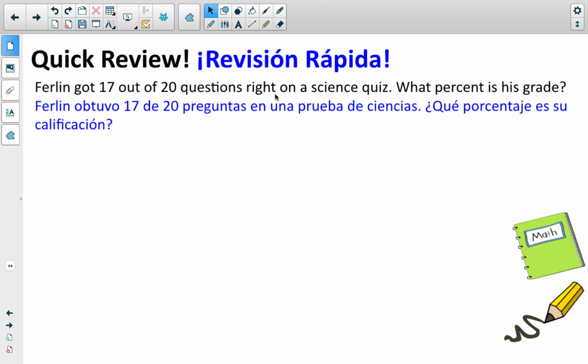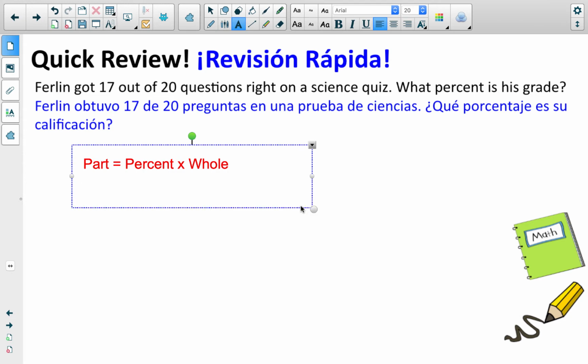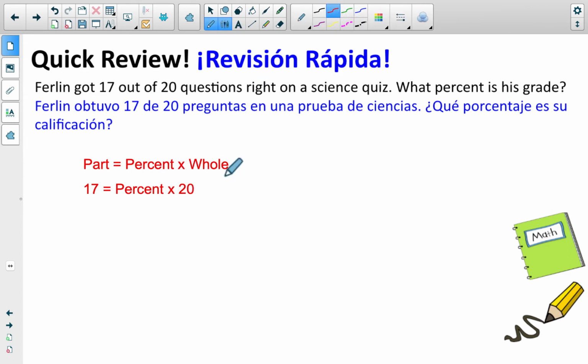So there are a few approaches to solve this question here. One thing we can do is our part equals percent times whole. In this case, our part is 17. We do not know our percent, and our whole is 20, because that's the total amount of questions.